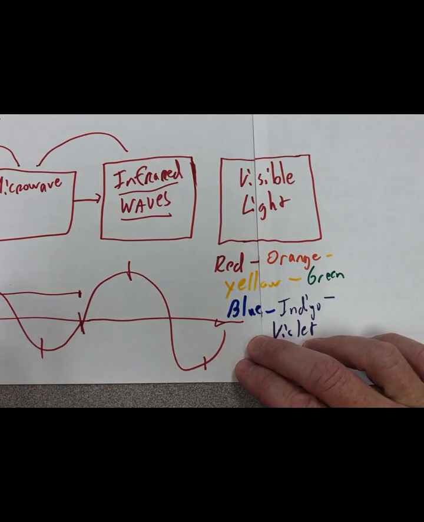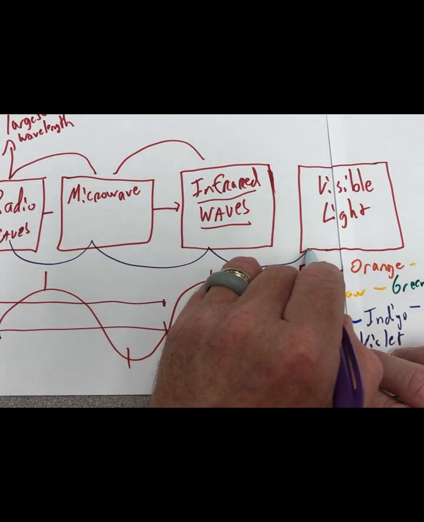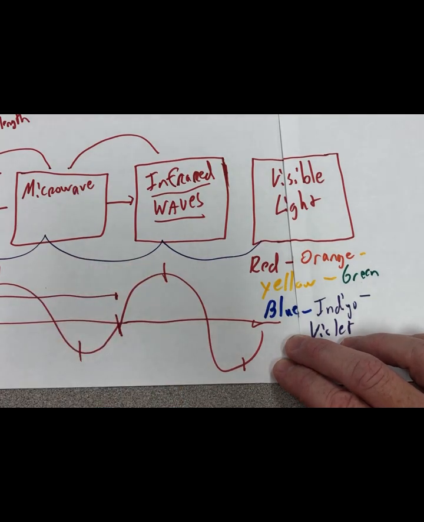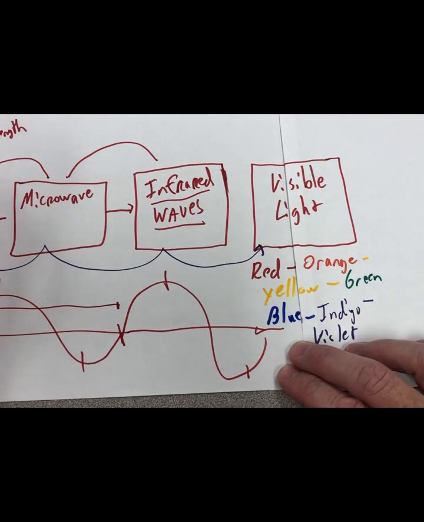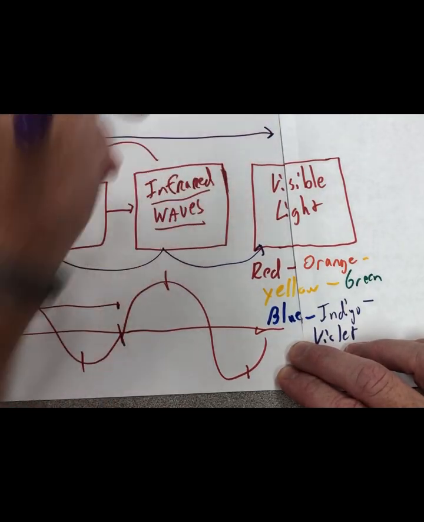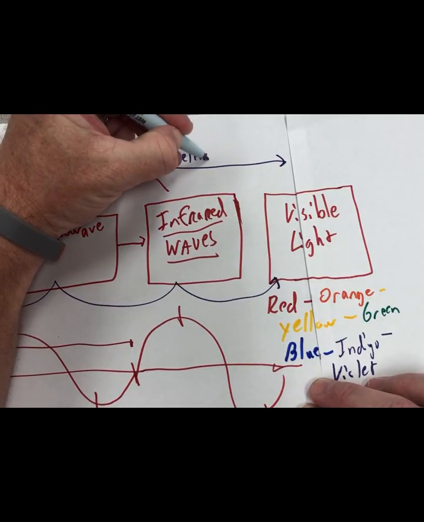So as we go from radio to micro to infrared to visible light, the energy is getting higher or getting larger. The wavelength, as we go across the electromagnetic spectrum, is getting smaller.